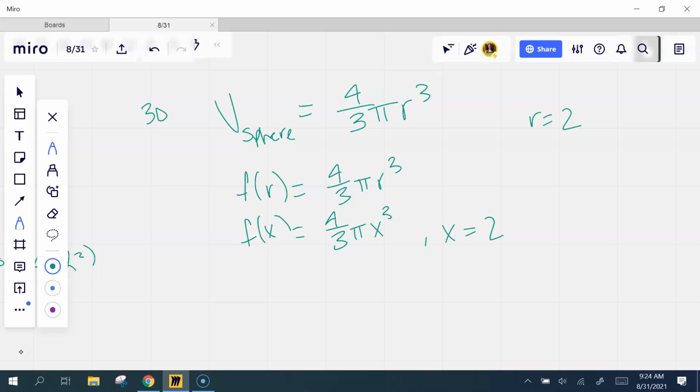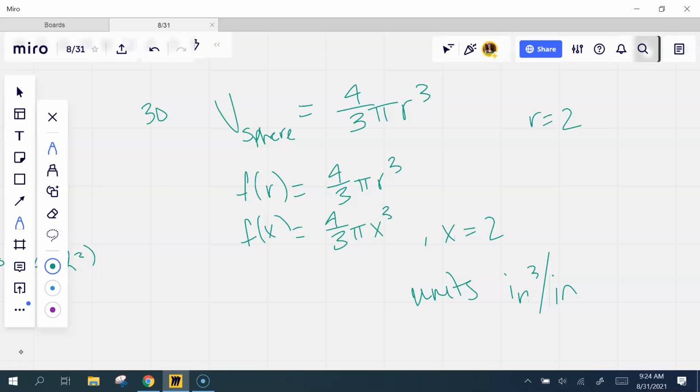X is your radius. Don't forget your units there, which it says is inches. If it's volume and how it's changing, rate of change of the volume would be inches cubed per inches. We'll talk a little more about that tomorrow, just so you know.